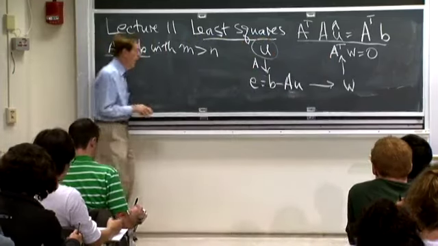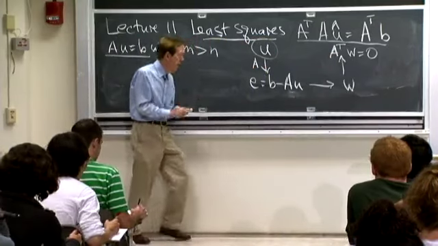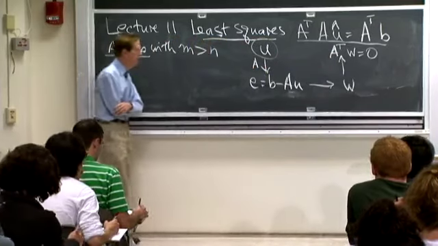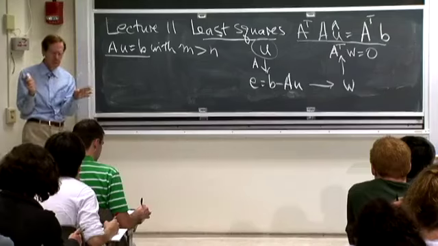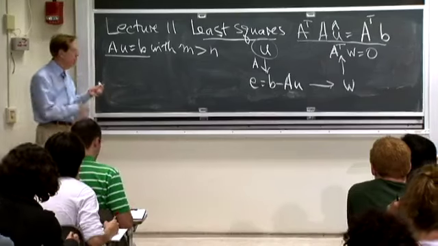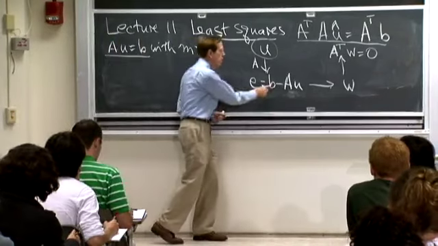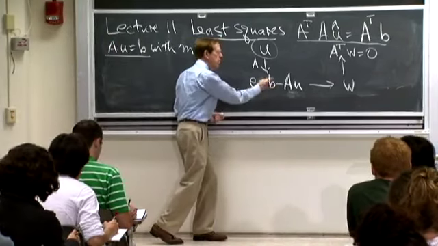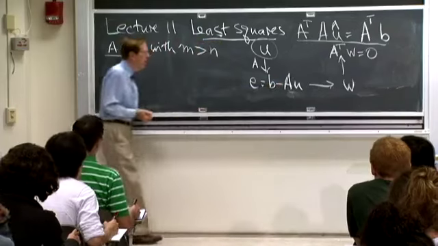Okay, one more thing to notice. A is coming with a minus sign. In mechanics, in masses and springs, we had E equal AU. Here, it's natural to work with the error or the residual B minus AU.